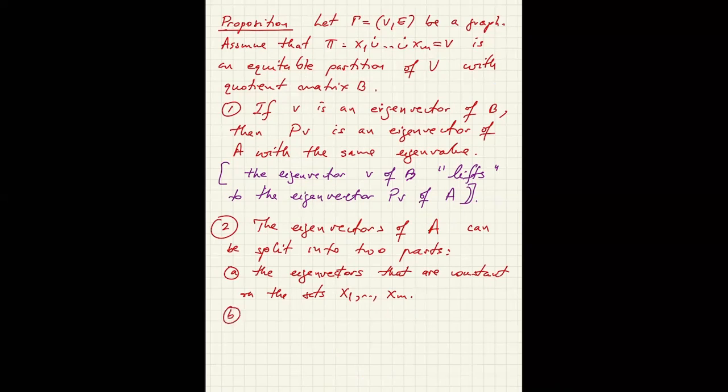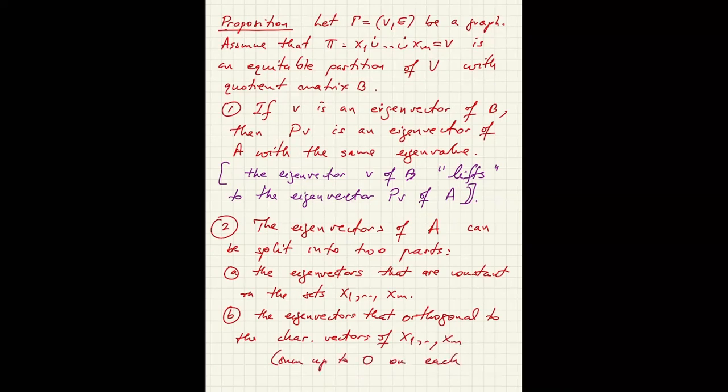Part B: the eigenvectors that are orthogonal to the characteristic vectors of x1, x2, xm; essentially they sum up to 0 on each of these sets.